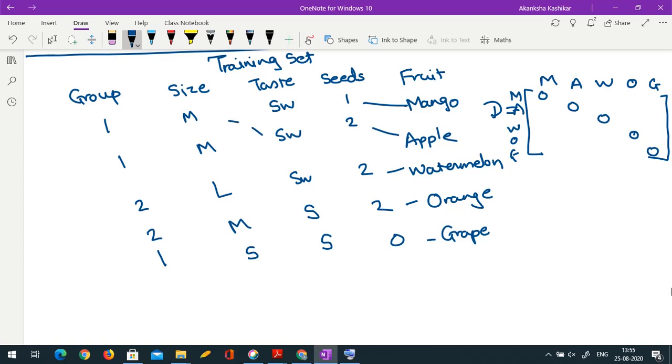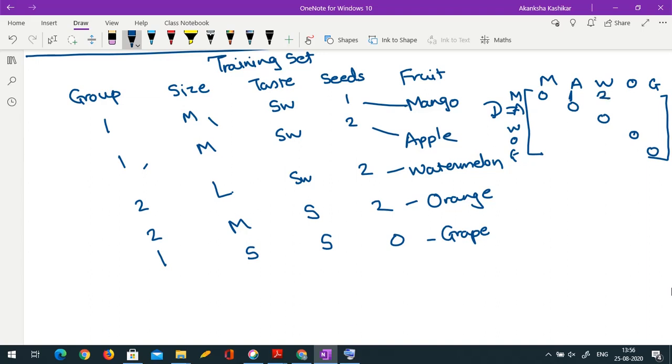So mango and apple: 0, 0 and 1. The distance between mango and apple is 1. Then mango and watermelon: 1, 0, 1, so the distance is 2.